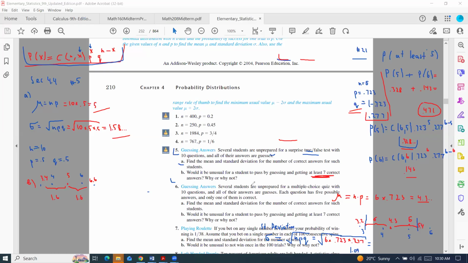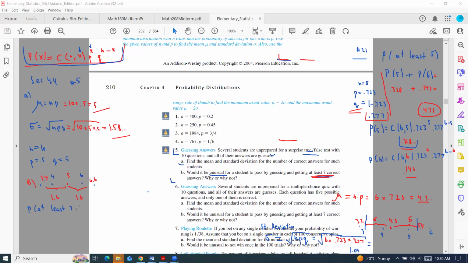So what they want is to see, is it unusual to get at least 7? Well, looks like it is, because what's expected is 6 or 5 or 4, so it is unusual. But you can actually calculate this using the previous section, the formula you can use.